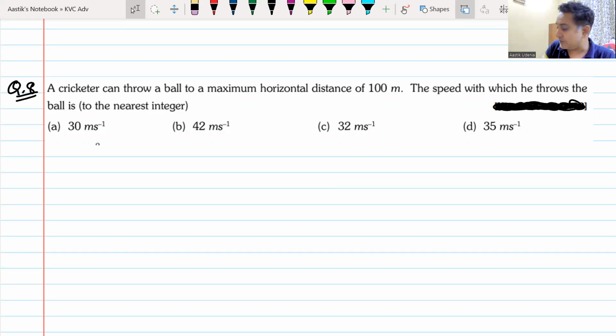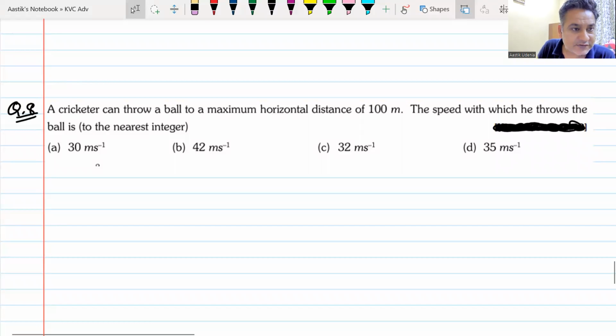The speed with which he throws the ball is... you have to tell the answer up to the nearest integer. Yes, my dear friends, do we have an answer?